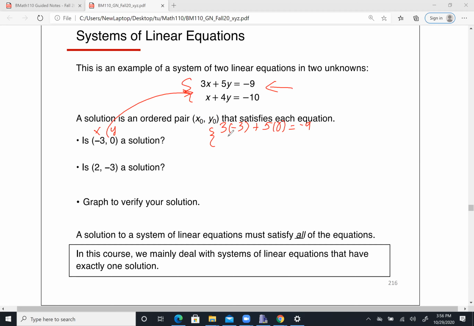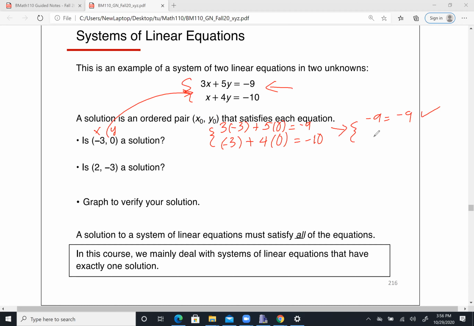And then for the second equation, you have to substitute the same: -3 plus 4 times 0 equals -10. As you can see, if you simplify both, the top one is -9 equals -9, which is okay, so it's satisfied.